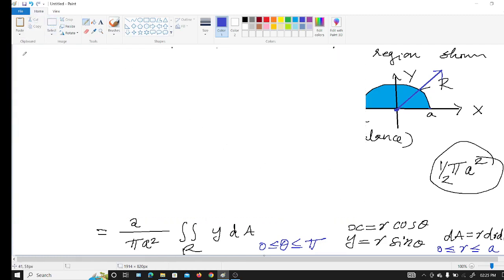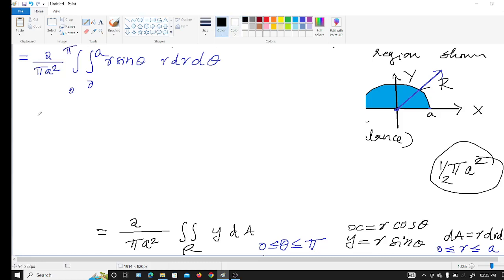Now that is equal to 2 by pi a square, then y is r sin theta, dA is r dr d theta, and here r varies from 0 to a and theta varies from 0 to pi.